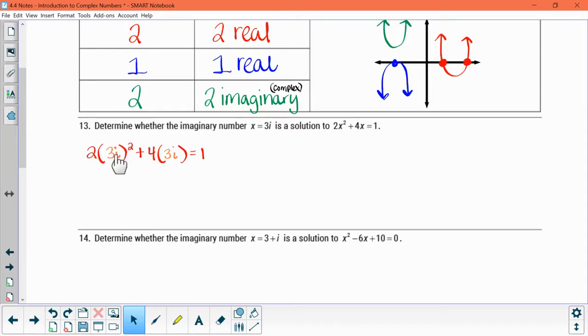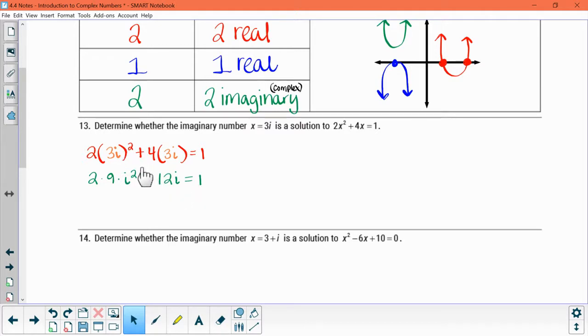So I get 2 times (3i) squared plus 4 times 3i is equal to 1. Now be careful with this squared because it's going to distribute to the 3 and to the i. That's going to give me 2 times 9 times i squared plus 4 times 3, which is 12i, equals 1.